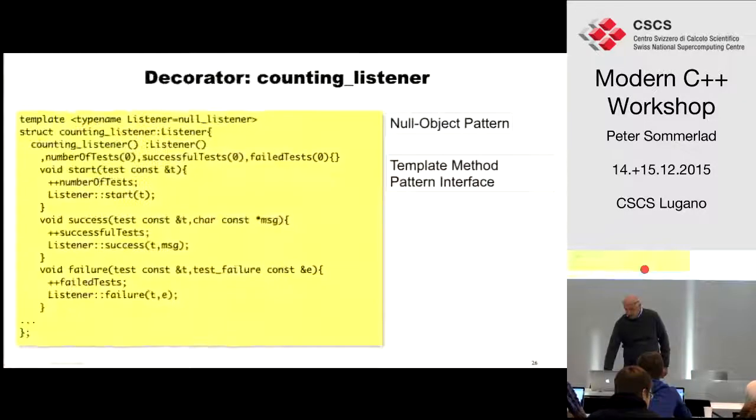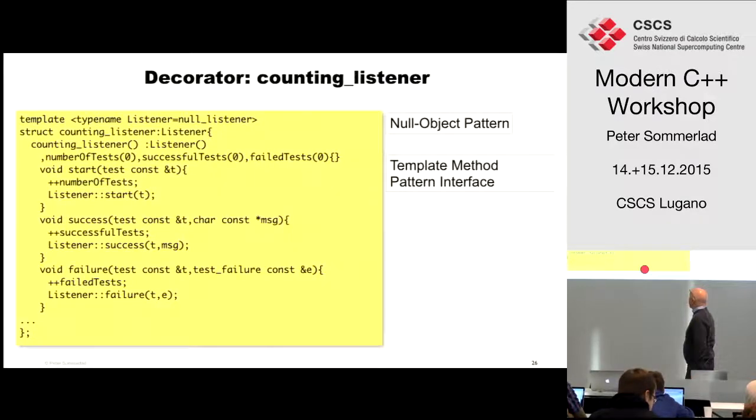How does it look in real code? For example, we had our listener interface that we use in the runner object, and we can have a counting listener that counts how many successful or failing tests happen to be with counters.